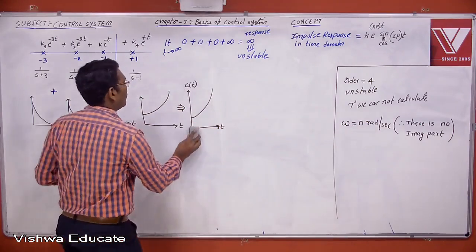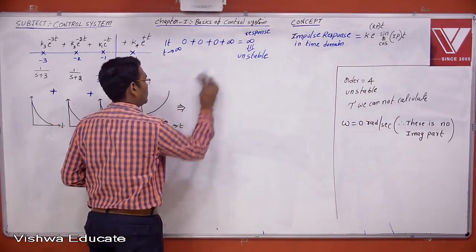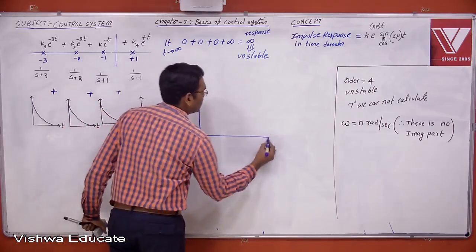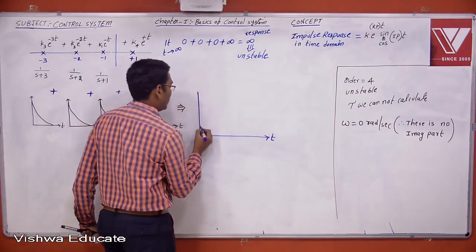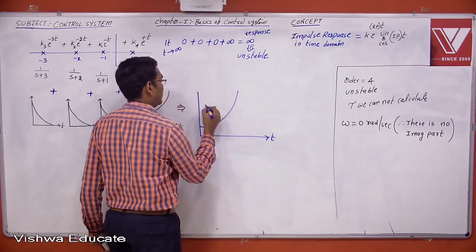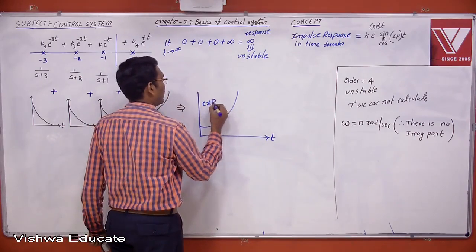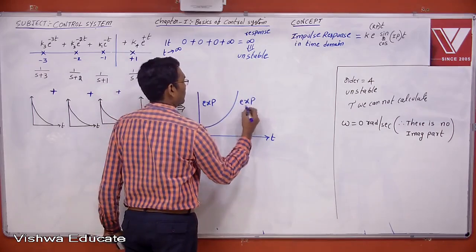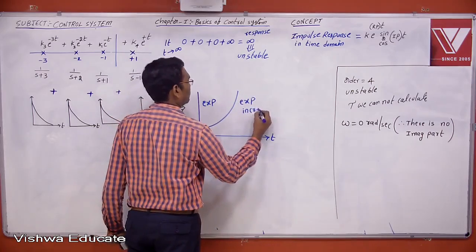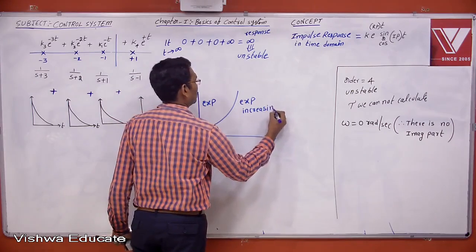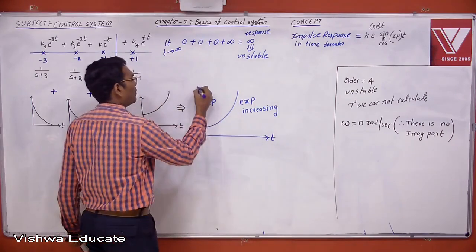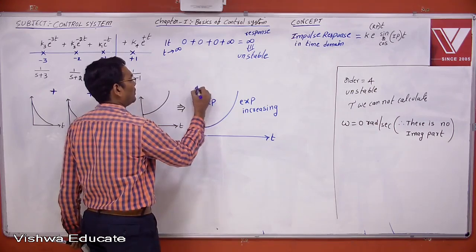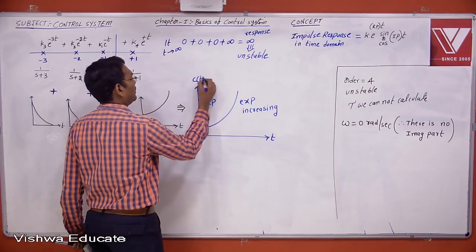Therefore the overall closed loop control system response is nothing but exponentially increasing.